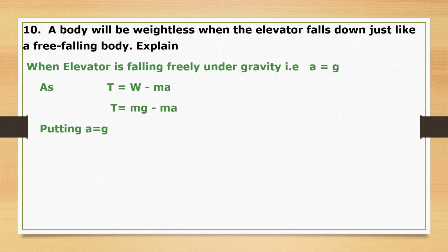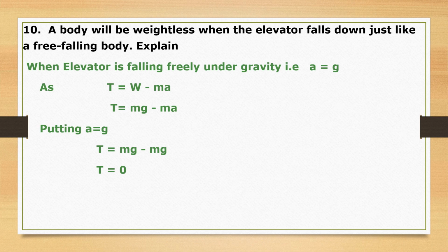Now putting a is equals to g, since the elevator is falling freely, its acceleration will be equal to the gravitational acceleration. So the relation becomes T is equals to mg minus mg. Both the quantities are similar, hence we will get the answer tension is equals to 0.